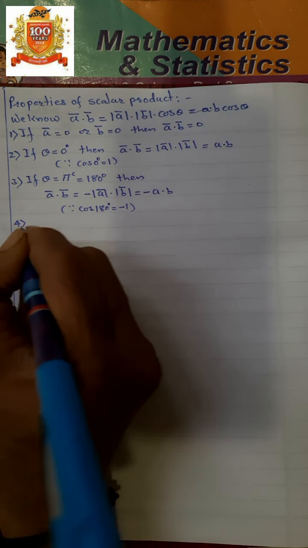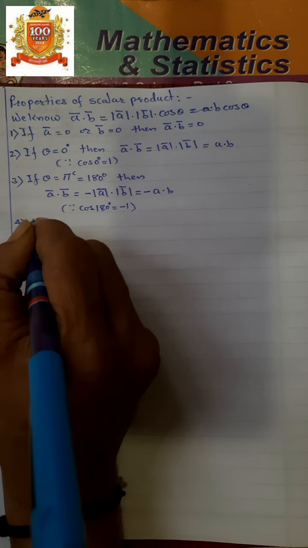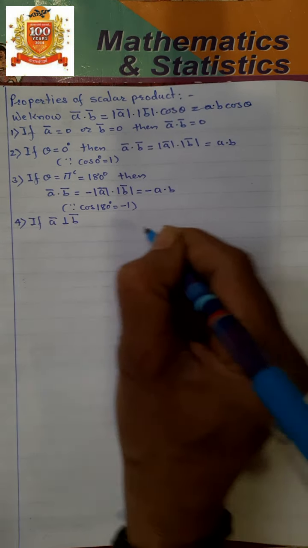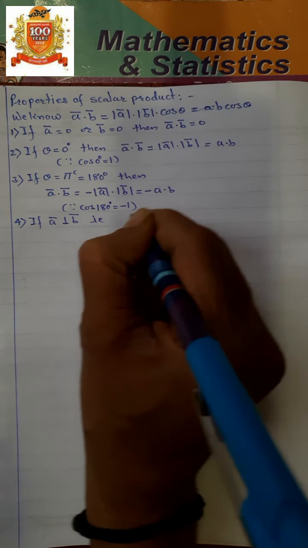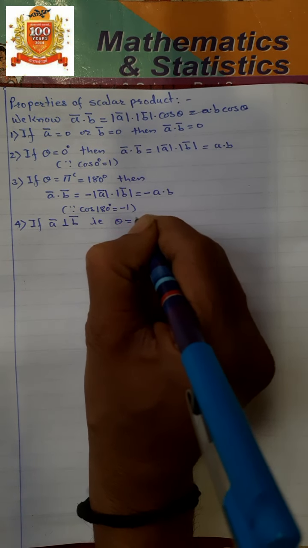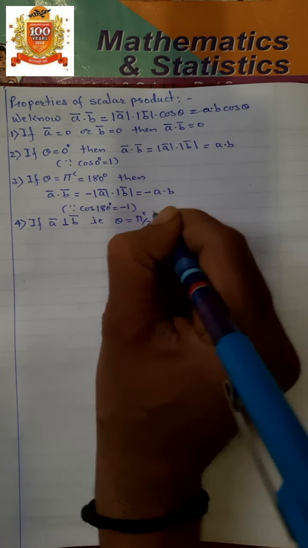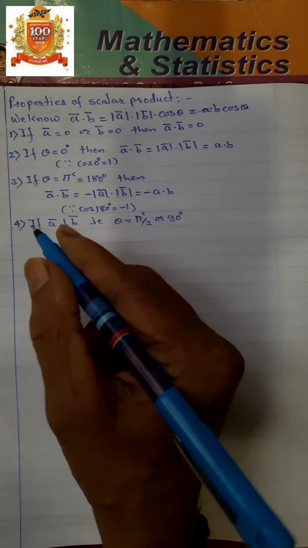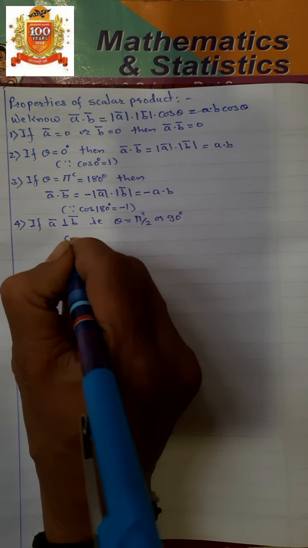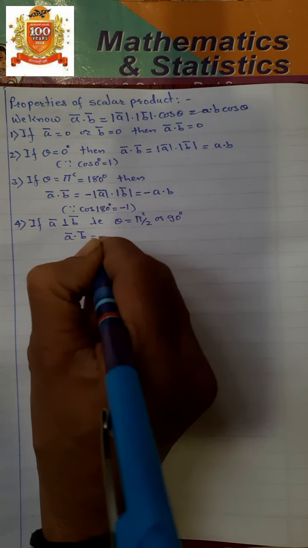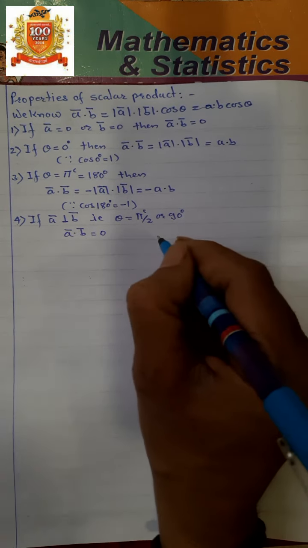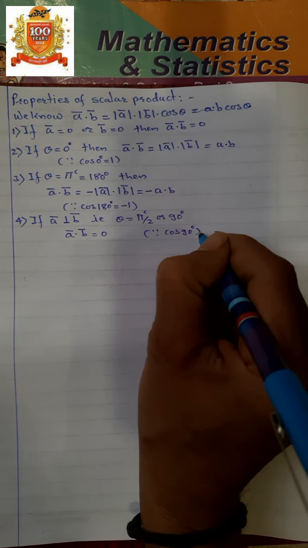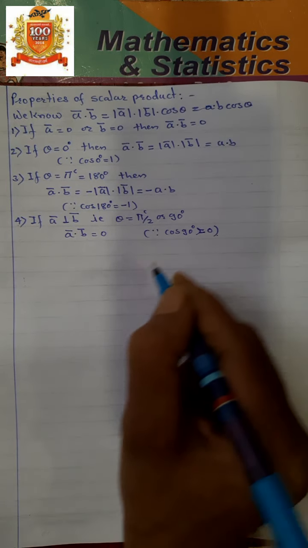Now fourth property is if a bar is perpendicular to b bar, that is theta is equal to pi by 2 or 90 degree, then a bar dot b bar is equal to 0, since cos 90 degree is equal to 0, we know.